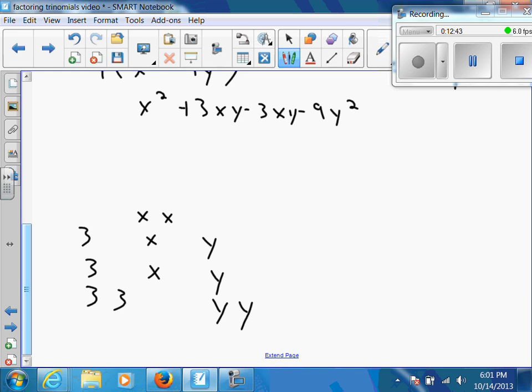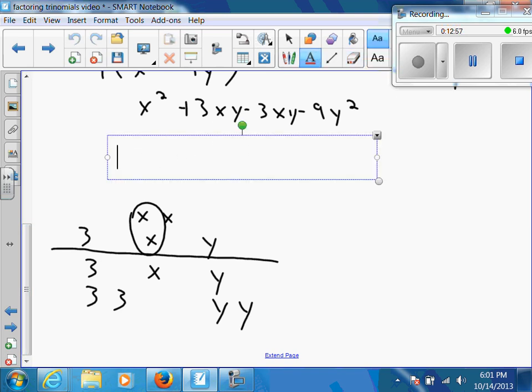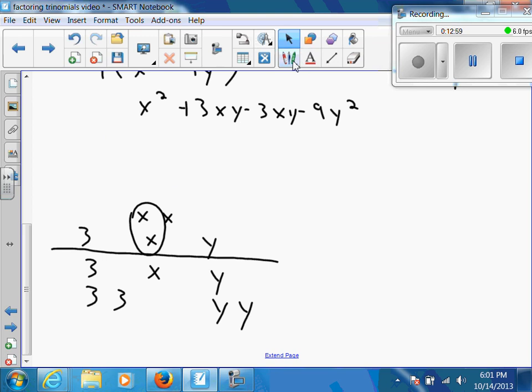I have x. The x should have gone outside. What's left? X on the inside. We're going to bring the plus down. 3y's left. Now we'll go to the bottom. We have 3 and a y.